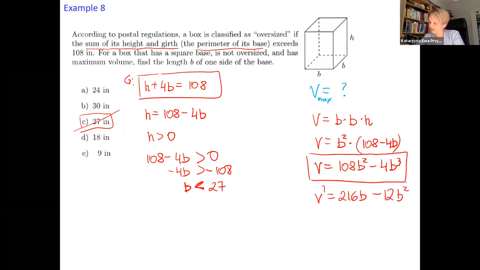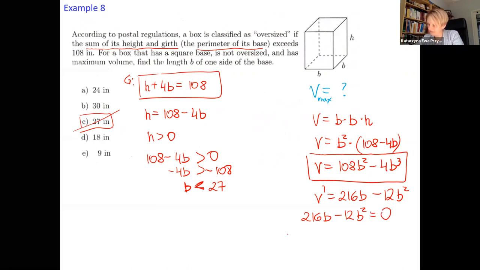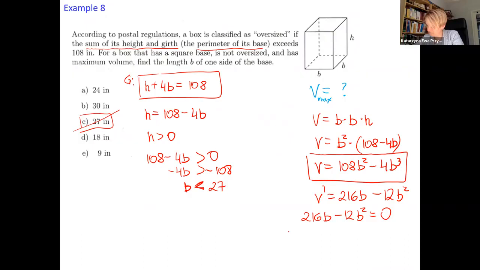Okay, derivative is 0 if 216b minus 12b squared equals 0. Let's factor out b. Probably, okay, let's factor 2b. 108 minus 6b. Am I right? I'm just trying to check. Then this is giving us 0.